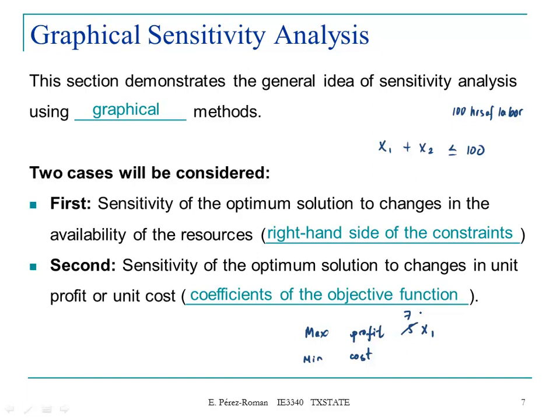If that is my optimal solution, 100 and 200, and I change the profit that I make from product 1, would that change my optimal production schedule, 100 and 200, or will I have a different production schedule? That's the type of question that we are going to be able to answer.